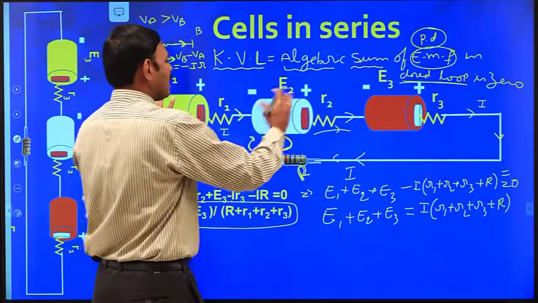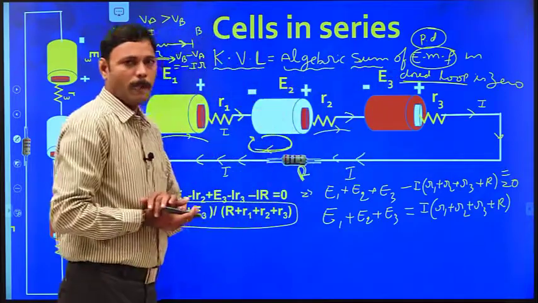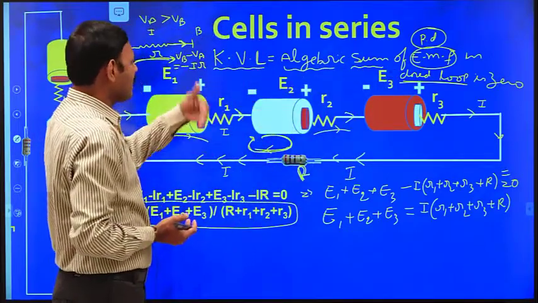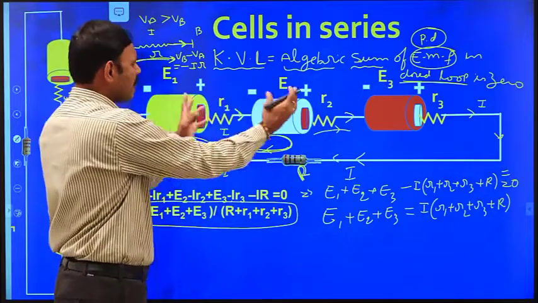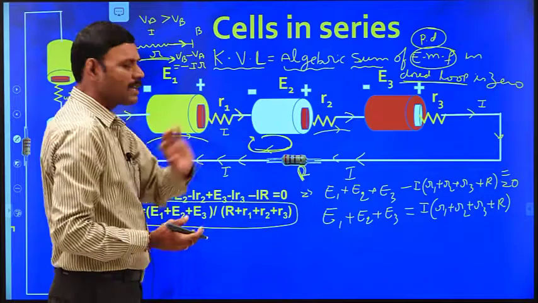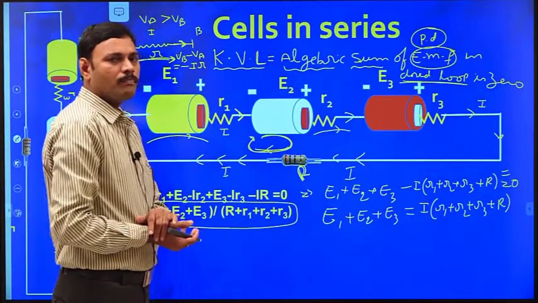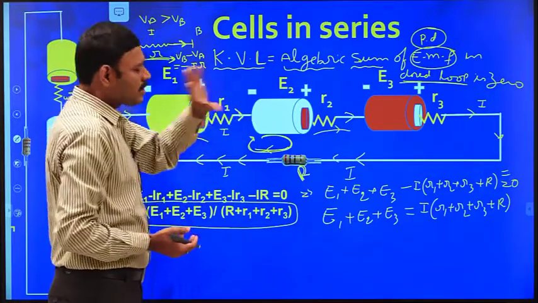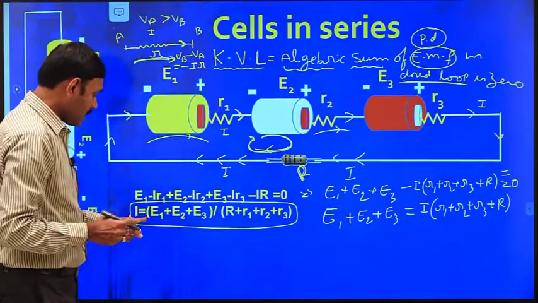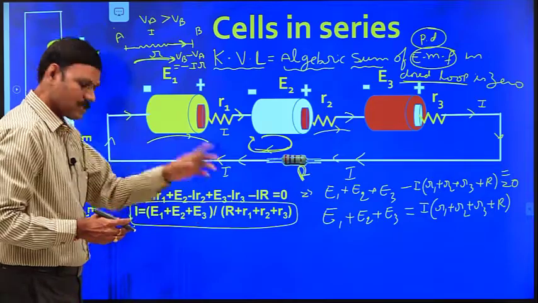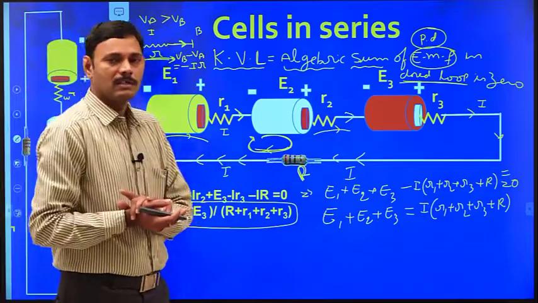Suppose we have any number of cells in series with their internal resistances as R1, R2, R3. This combination is a series combination of cells connected to some external resistance. Then the current passing through the circuit in the closed loop is the algebraic sum of EMFs, the net EMF of the series combination.